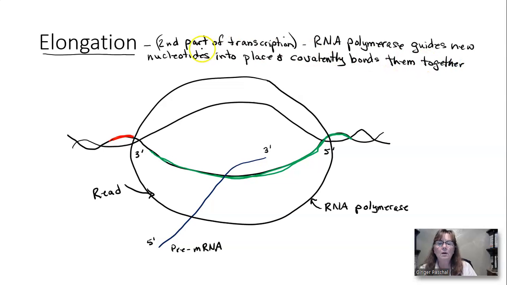So it'll bond that new nucleotide to the growing strand, and it's bonding it in a 5' to 3' direction.